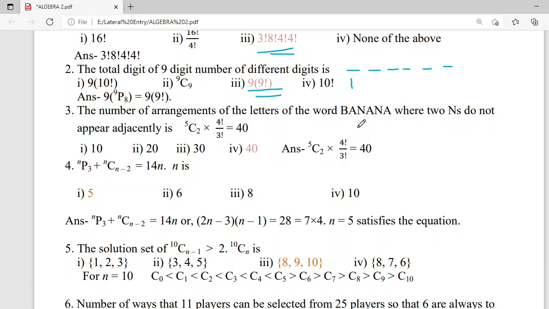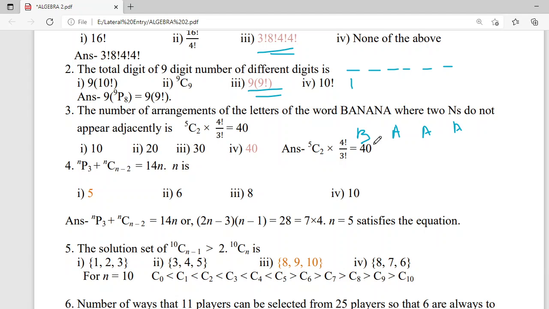So you write B, A, A, A. First you place them. In how many ways can you place them? Because 3 are similar, it is 4 factorial by 3 factorial ways you can shuffle it.